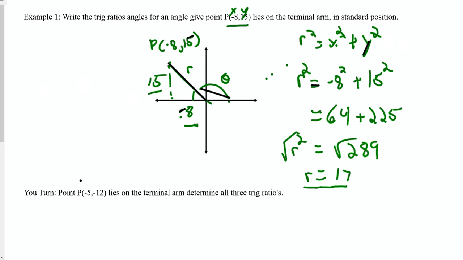Well, what's nice about the Cartesian plane is this here would be my reference angle, right? We talked about those the other day. It's the smallest angle, it's the acute angle off of the x-axis. So what's nice about solving for trig ratios on a Cartesian plane is that the angle off in standard position will equal the reference angle, okay?